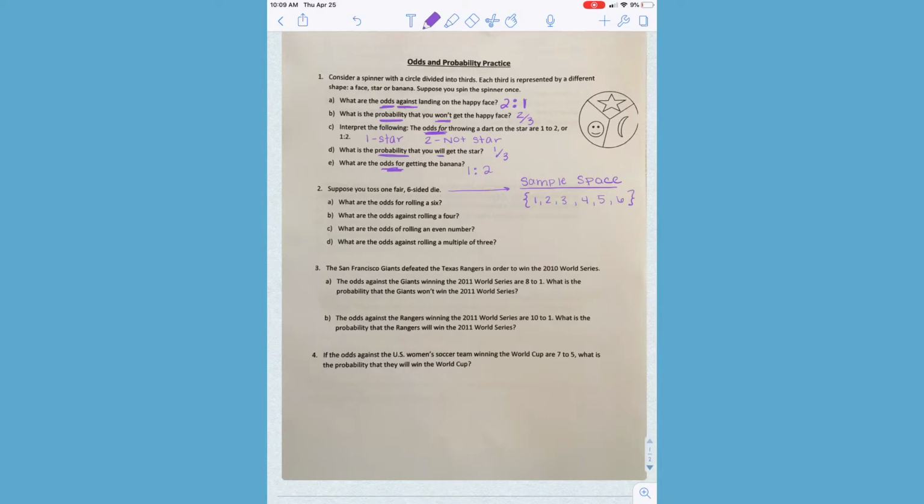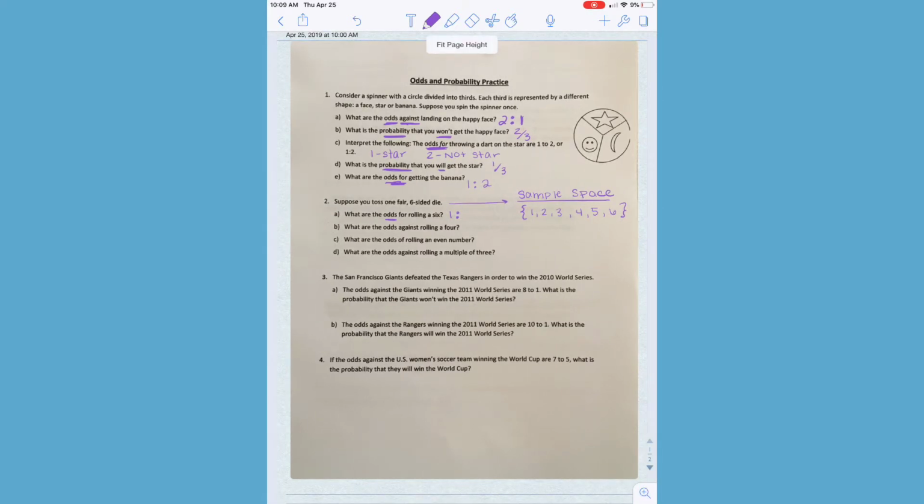In letter A, I ask what are the odds for rolling a 6. So 6 is my sample point because it's an individual item within the sample space. There's only 1 six, and there are 5 other numbers that are not 6s. What are the odds against rolling a 4?